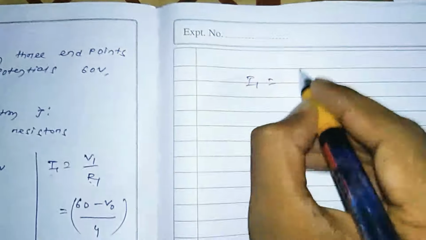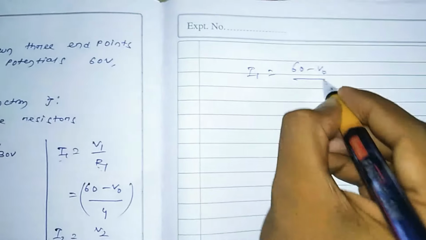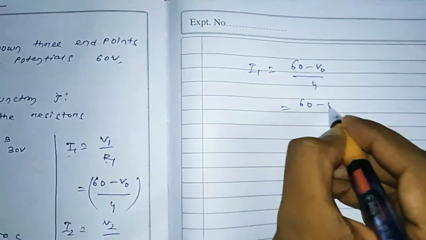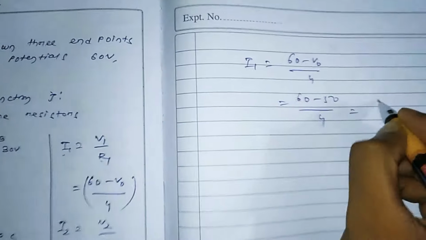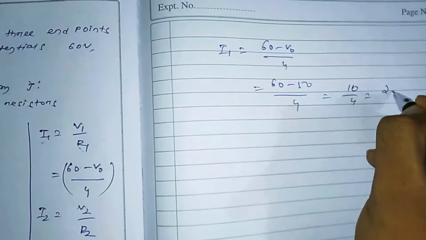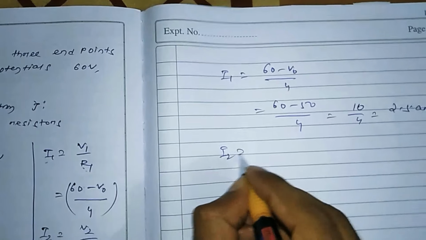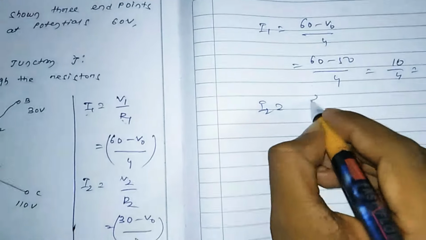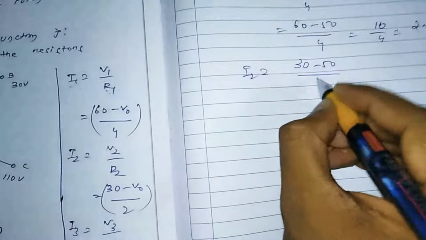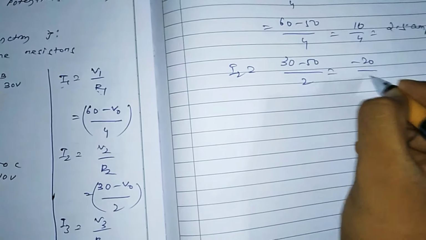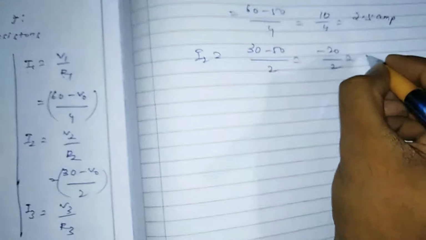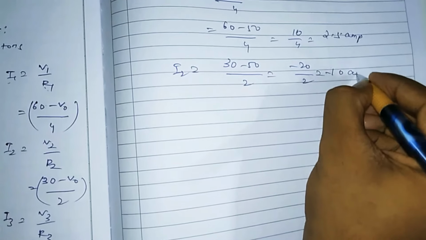I1 is equal to (60 minus V0) by 4, that is (60 minus 50) by 4, or 10 by 4, that is 2.5 ampere. I2 is equal to (30 minus 50) by 2, that is minus 20 by 2, which is minus 10 ampere.